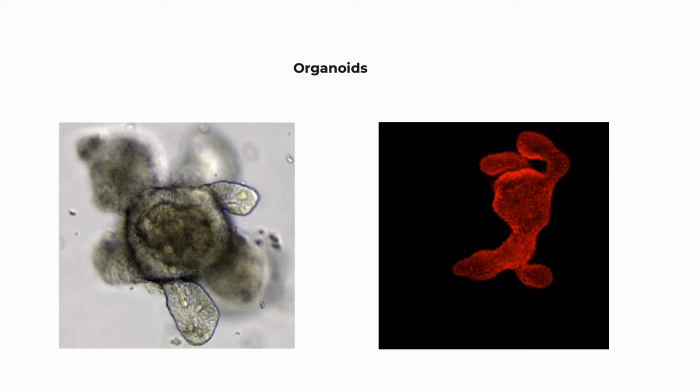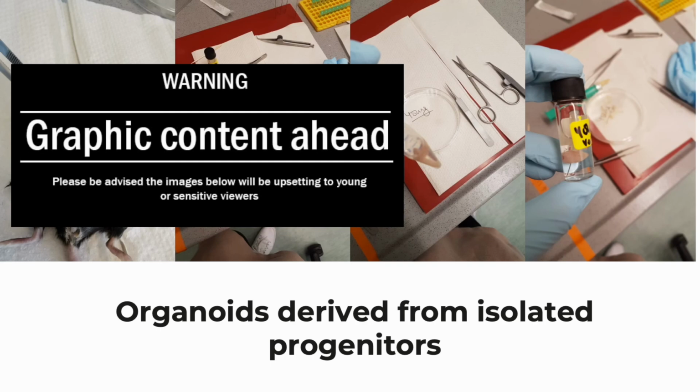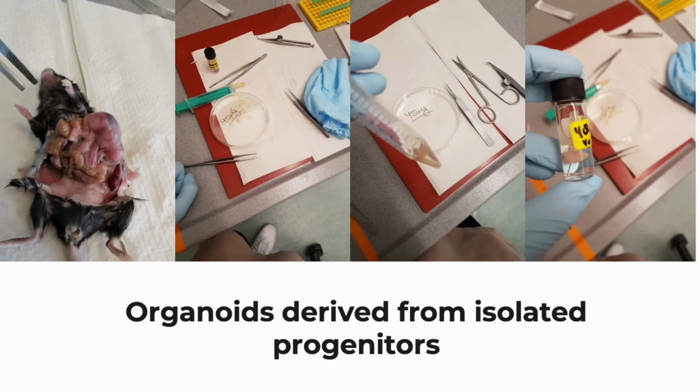And if you wonder how we do them, I made organoids from isolated progenitors from the mouse. And if you don't want to see, you can turn off your screens because there's graphic content ahead. Anyway, we opened the mouse and took out the small intestine, washed it, and followed a certain protocol where we isolated the progenitors.